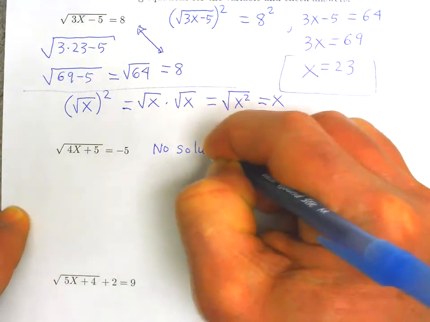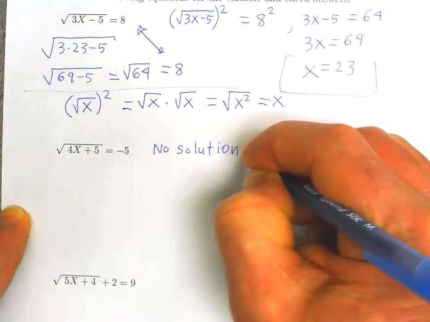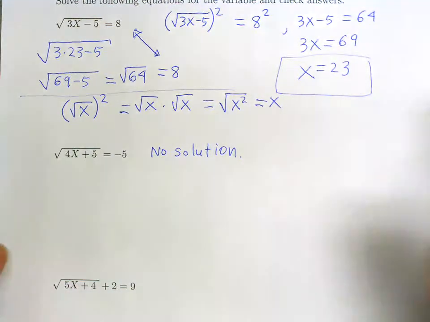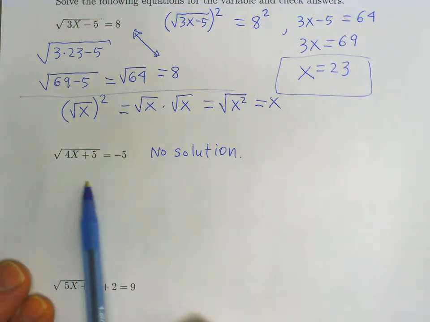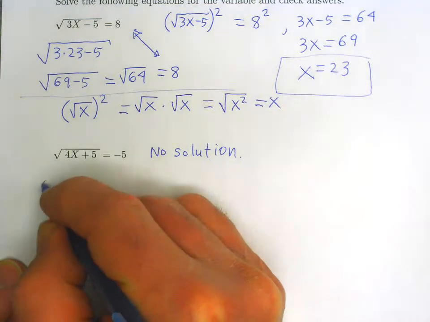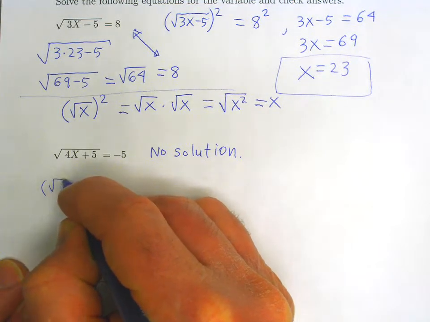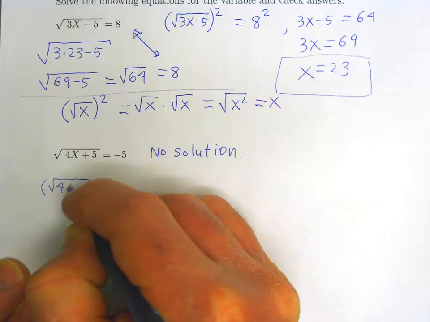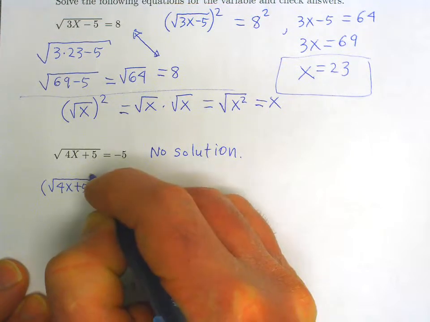If you don't notice that, you can still make it work. If you square both sides, we'll go through the process. This will illustrate why it's important to check your answers.